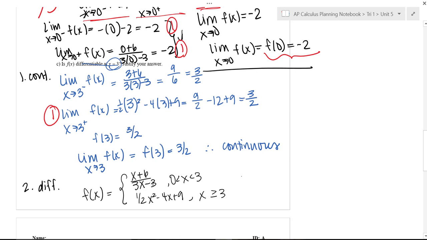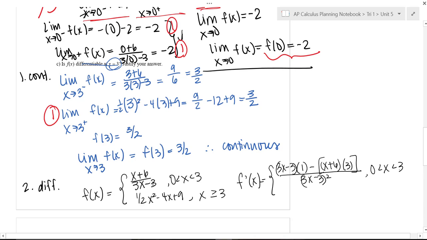So I'm going to write that derivative function, and I'm going to say f prime of x equals, we're going to use the quotient rule here, so low d high, minus high d low. So 3x minus 3 times 1 minus x plus 6, the derivative of the low, all over 3x minus 3 squared. And remember, that is from 0 to 3. And then this bottom one right here would just be x minus 4.